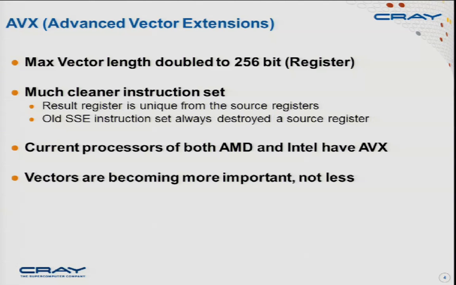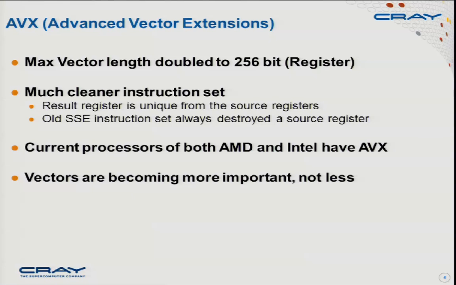They at least cleaned up some of that, and the old one would destroy one register every time you used it. Now you don't do that, so that saves copies. So that's going to reduce the number of instructions. Current processors for both AMD and Intel have AVX. That's true, right? Yeah, that's true. But we're going to be talking mostly about Intel.